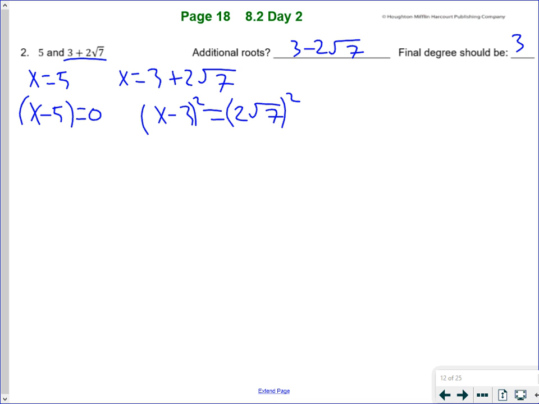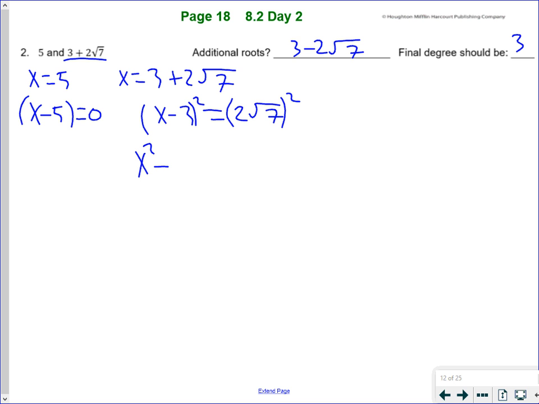And when I do, I see x minus 3 is a perfect square trinomial. And that's why we isolated it, because I can get it as a perfect square trinomial and FOIL it out much quicker than trying to FOIL out 3 plus 2 root 7 squared. Right? So it just becomes a little easier if you isolate the square root or the imaginary number.